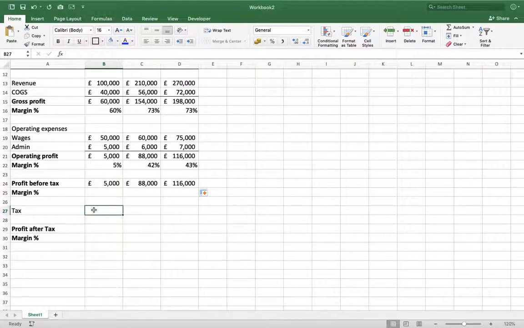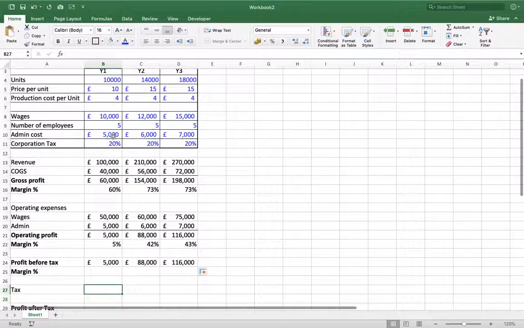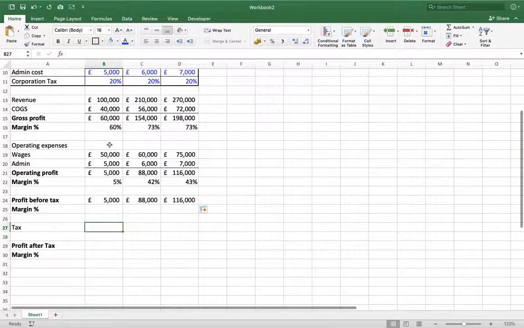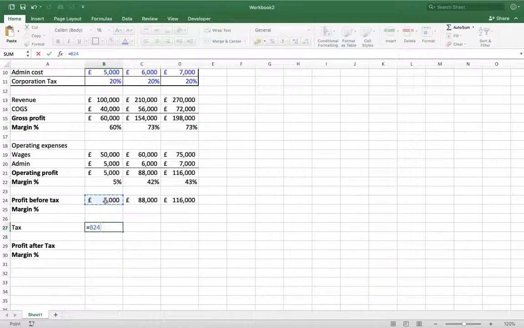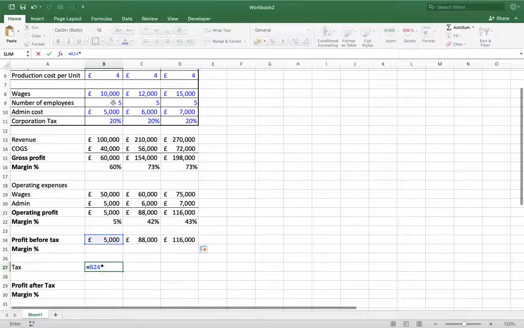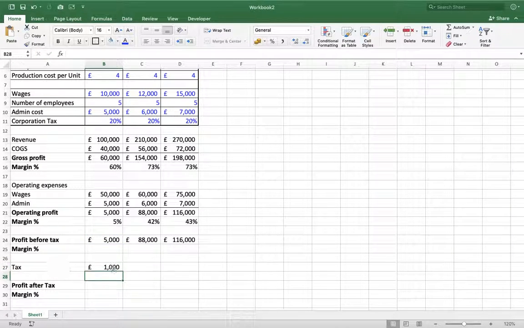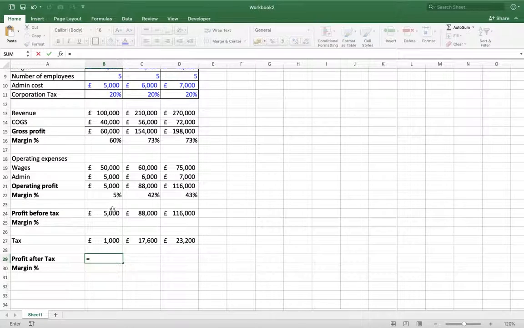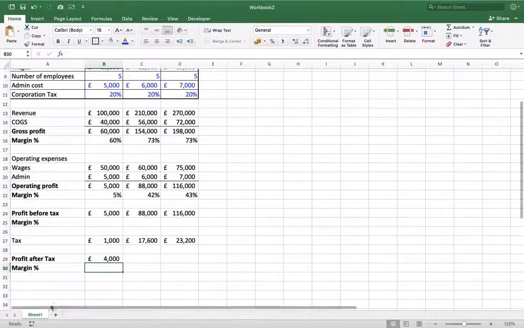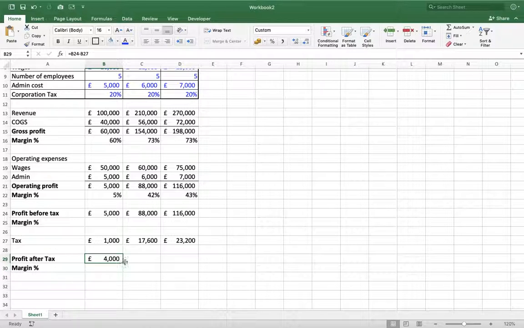On the tax, we have information about the tax rate, so we just need the value of the tax. If there's profit, we make it. There's profit on all the 3 years. We've got this times the tax rates, which is £1,000, and then profit after tax is that minus this, boom, and we've got a margin.